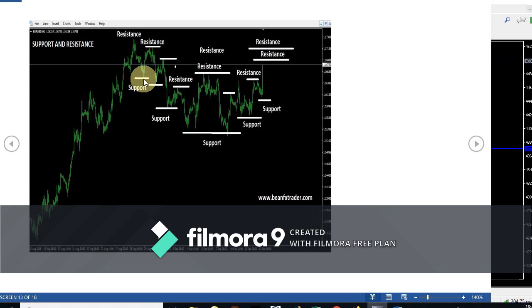But buyers were still convinced that they could push price up. Price was pushed up to another resistance level. Sellers stepped in and pushed price down to this support area. Before it was pushed up again, sellers stepped in, and at this particular area, the sellers were having their way as price drops.